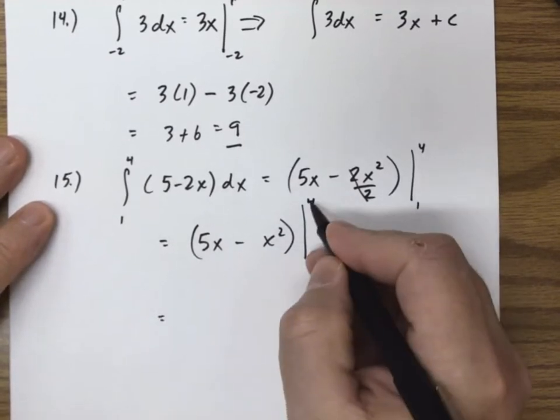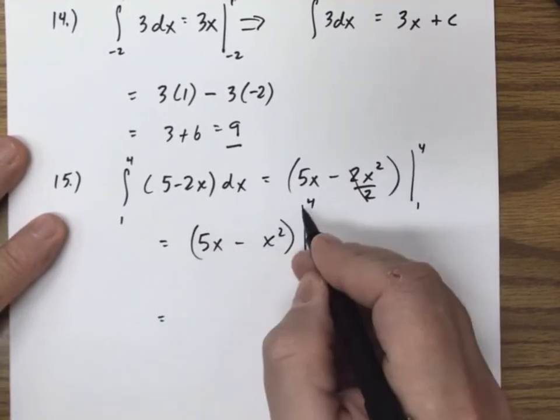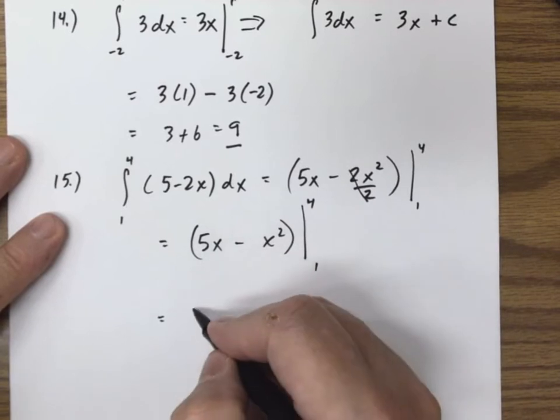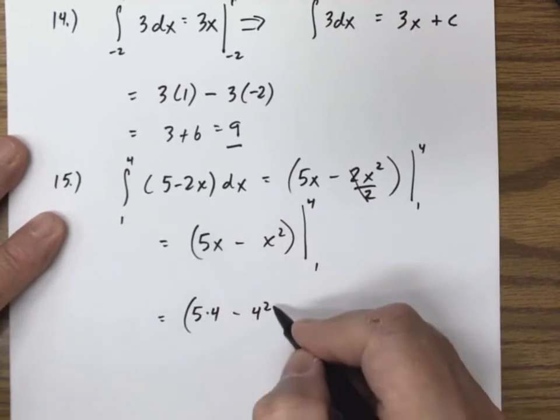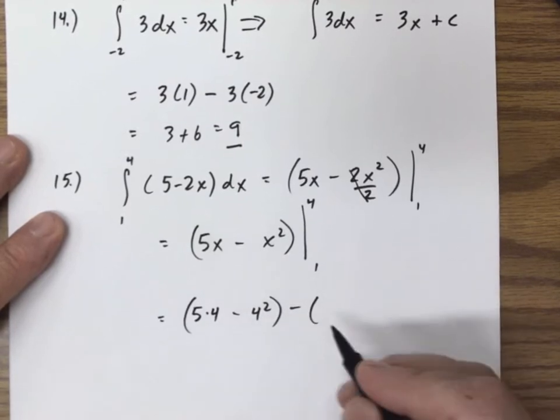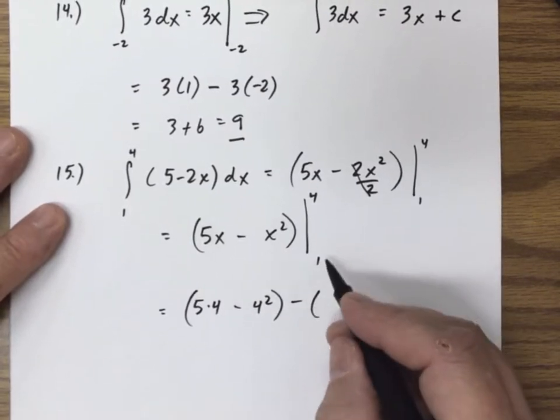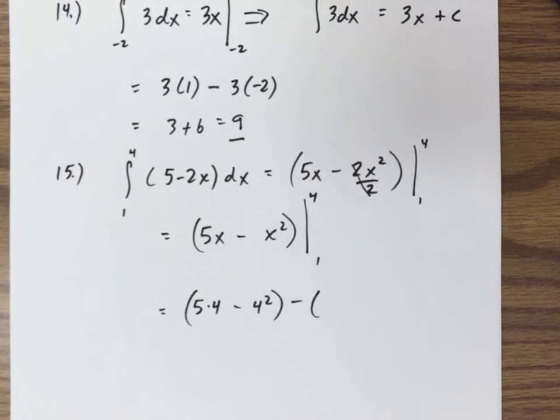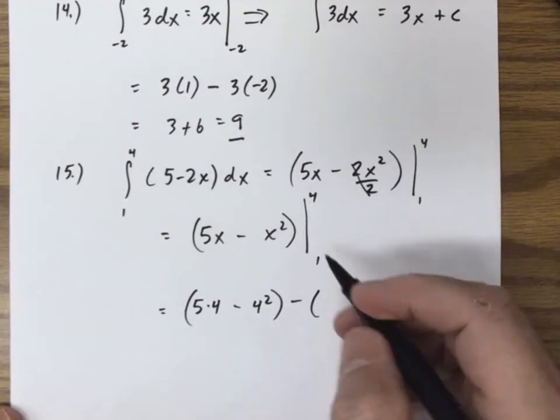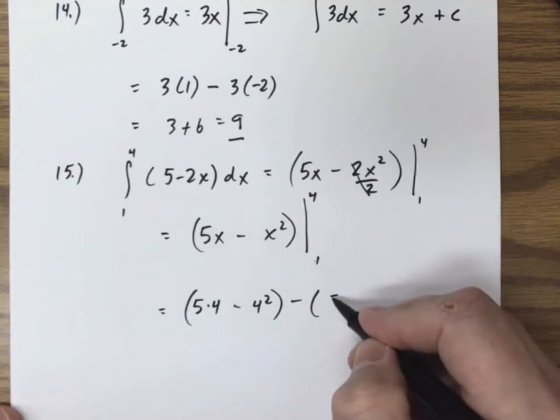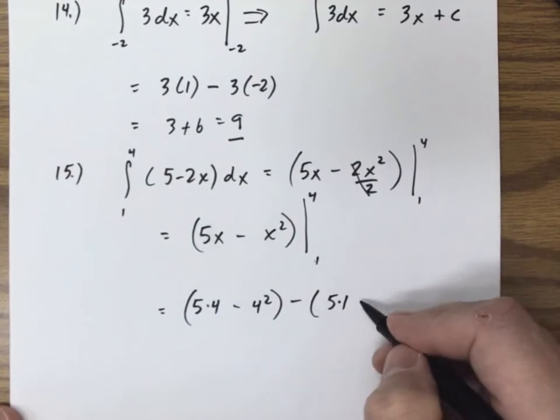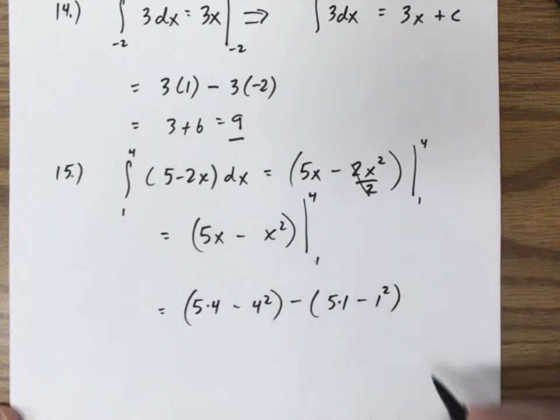So once again, you put the top number in. Every place you have an x, I'm going to substitute a 4 in for it. So 5 times 4 minus 4 squared. And I encourage you, especially when you're subtracting, the lower one, put the whole thing in parentheses, or you're probably going to have some sign errors, and then you're going to get the correct answer. So minus, now I plug in 1. Every place I have an x, I put in a 1. 5 times 1 minus 1 squared.